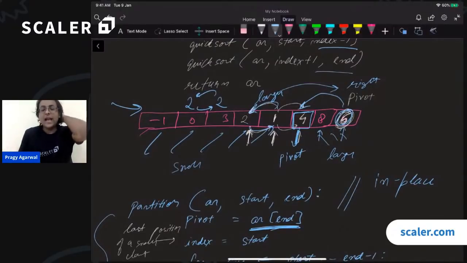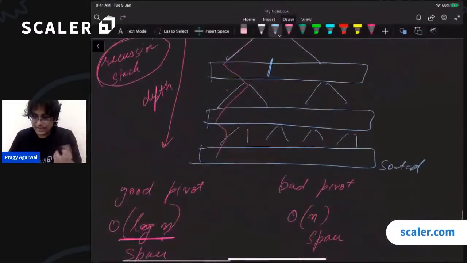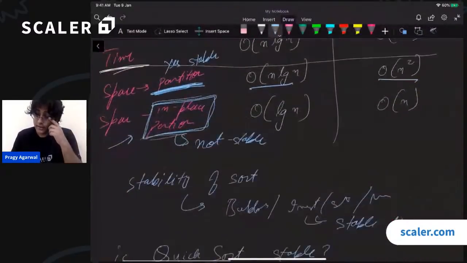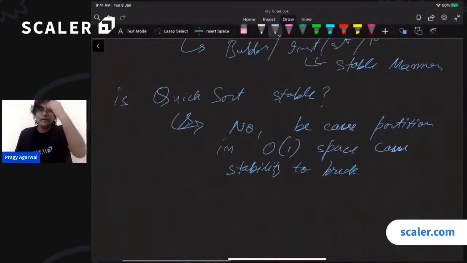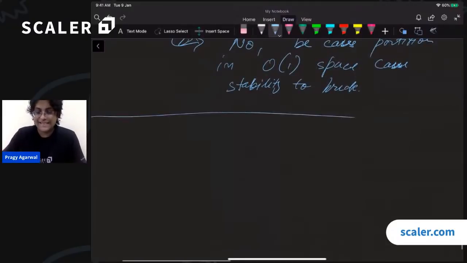For integer arrays, it doesn't really make a difference, but it makes the sort unstable. So whenever you have quicksort implemented in an in-place manner, it will always be unstable, and the basic reason is that we are swapping elements. Everything clear till now? Cool. So this was basically quicksort.